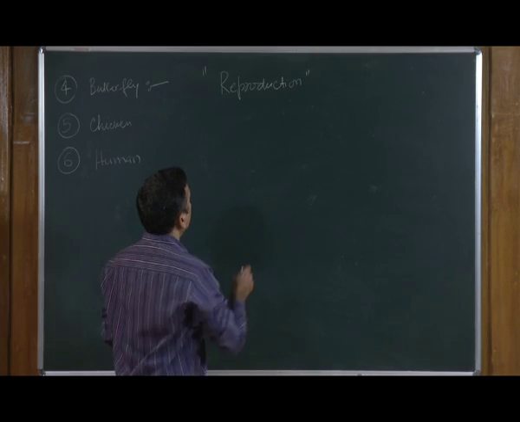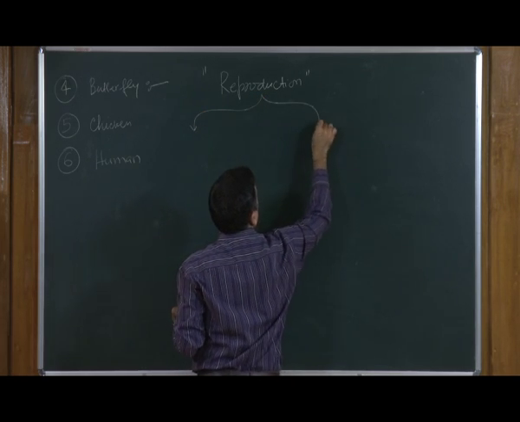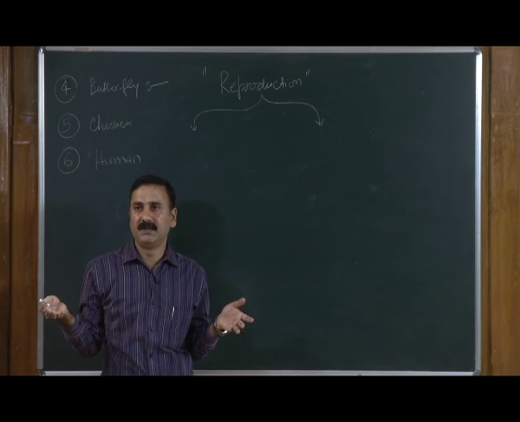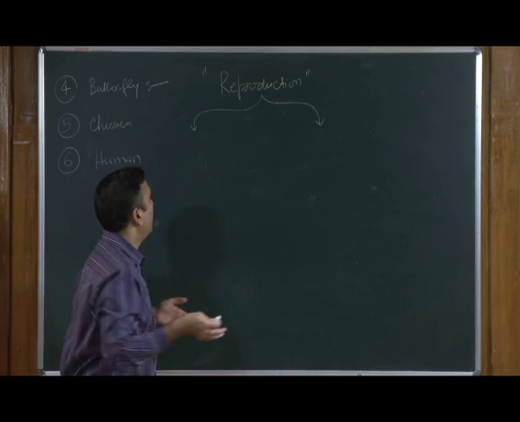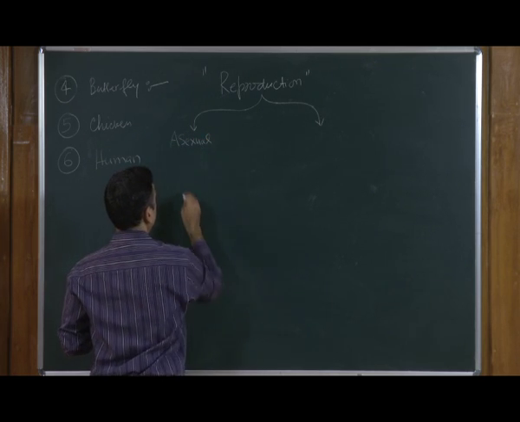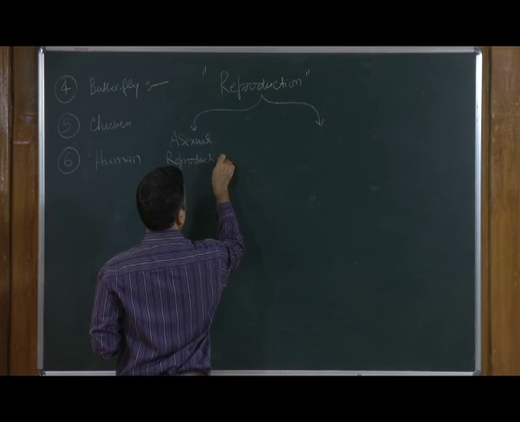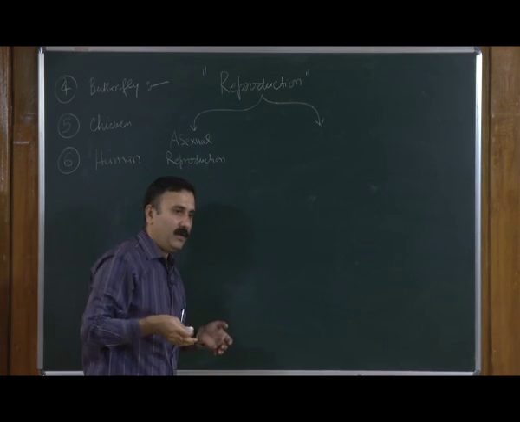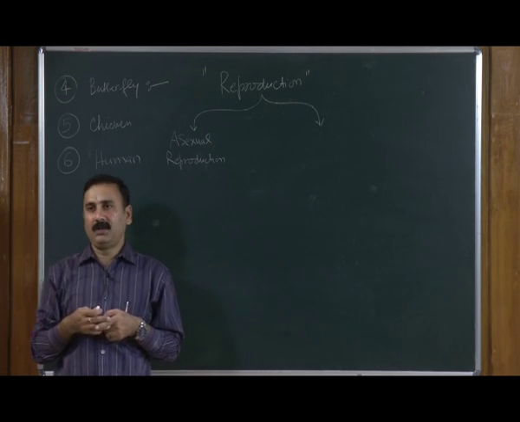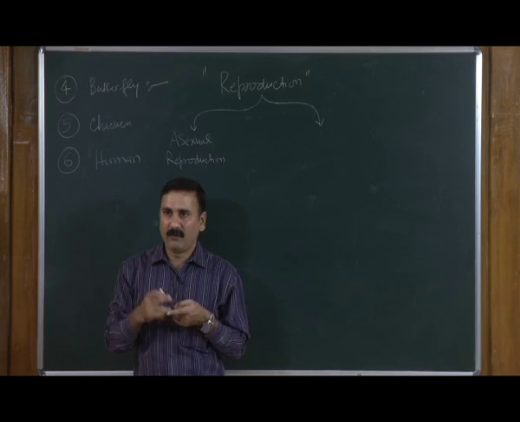Reproduction means the process through which a particular adult individual produces offspring, and reproduction could be of two different types. Okay. You can have your own offspring by a process known as asexual reproduction. Okay. What is meant by asexual reproduction is that in this process there will be no genetic recombination, or there will be no gametes formed and fused.